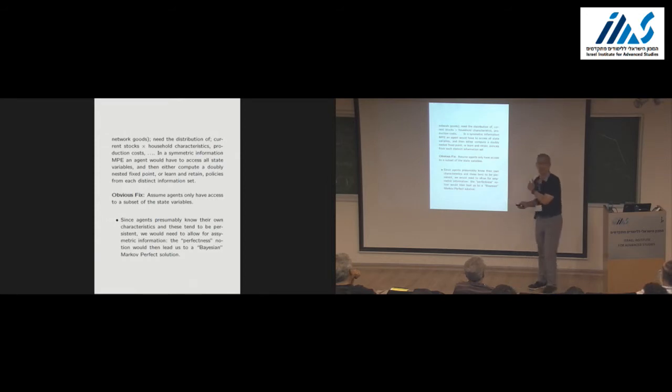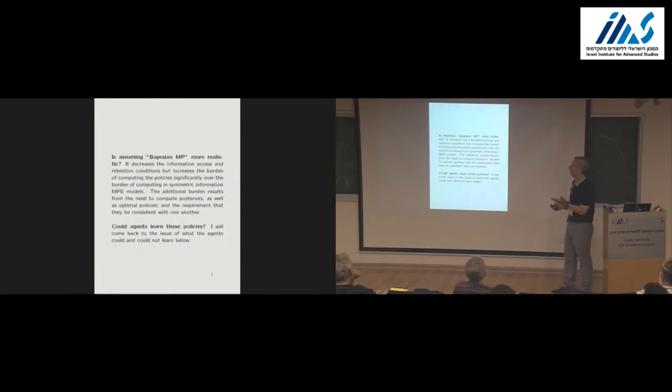And so if we were going to do this seriously, in a Markov perfect framework, we'd go to Bayesian perfect, okay? So does that help you, going to asymmetric information? The answer, there's two sides to this. It helps you in one way. You have to retain less information, okay?